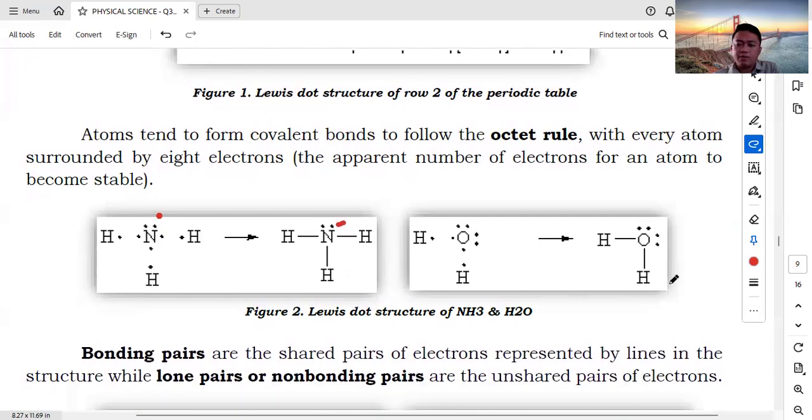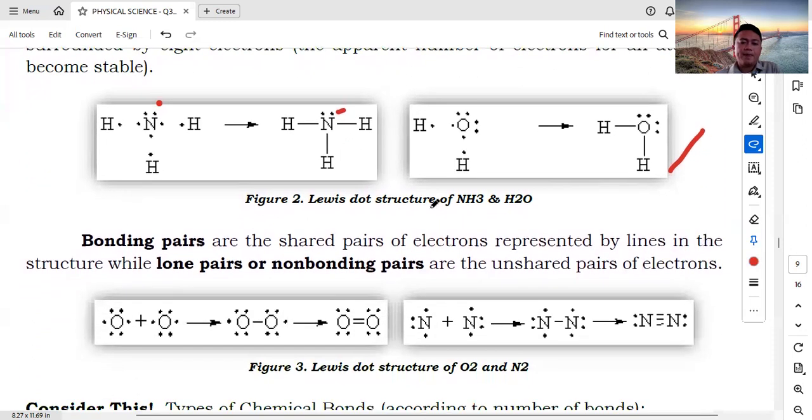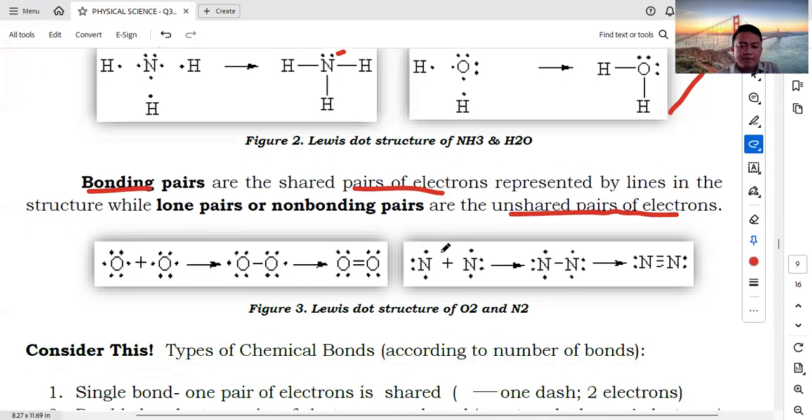We also have here the example of your water. I have already shown this to you yesterday. Bonding pairs are the shared pairs of electrons represented by lines in the structure, while lone pairs or non-bonding pairs are the unshared pairs of electrons. So we have here the Lewis dot of your oxygen and nitrogen.